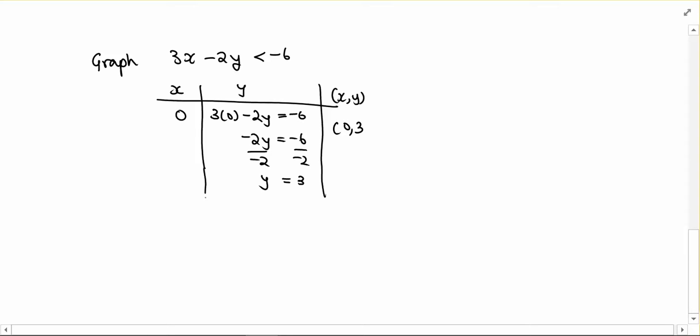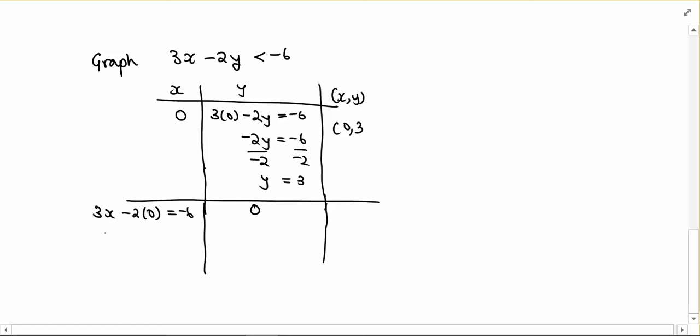And to graph by intercepts, I need a second point. I need the other intercept. So this time I'm going to make y 0, and so I get 3x minus 2 times 0 equals negative 6. So 3x is equal to negative 6, divide by 3, divide by 3, x is equal to negative 2. So now I have my 2 points.